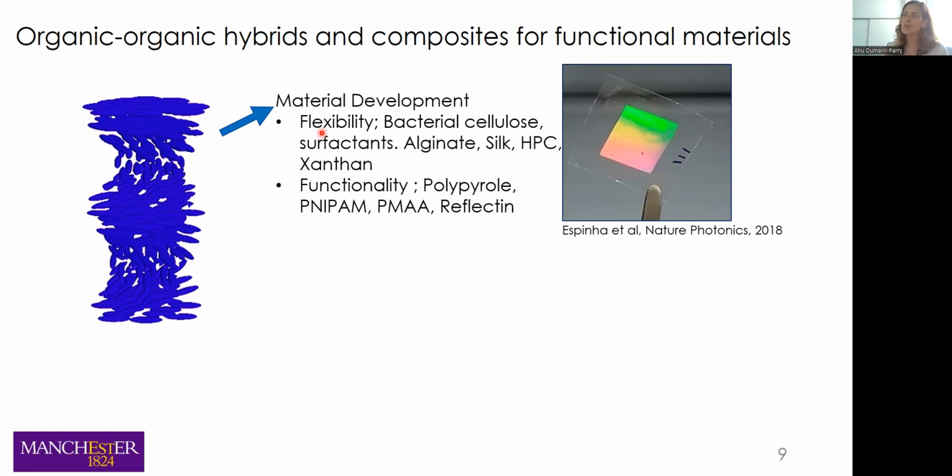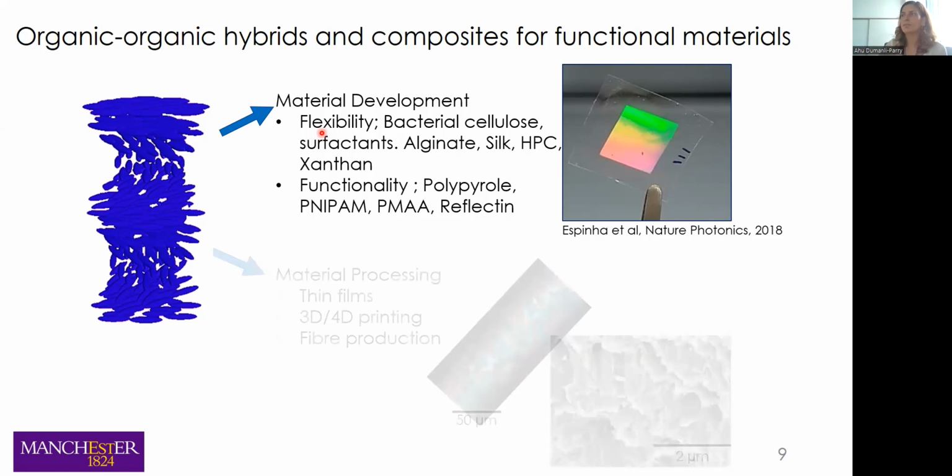So by incorporating alginate, silk, hydroxypropyl cellulose, xanthan, we are able to modulate the flexibility of these films and improve the mechanical strength. We are also looking into bringing more functionality, so we are coupling the system with polypyrrole, NIPAM, polymethacrylic acids, and reflectance functional polymers and proteins as well.